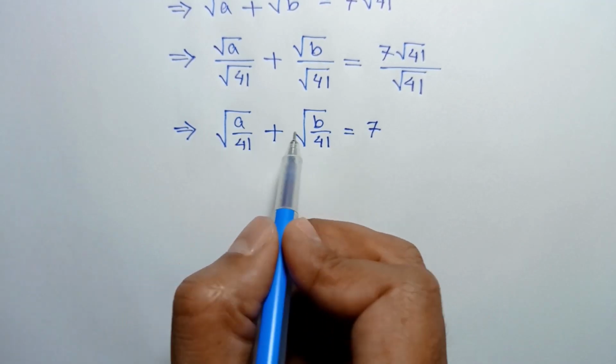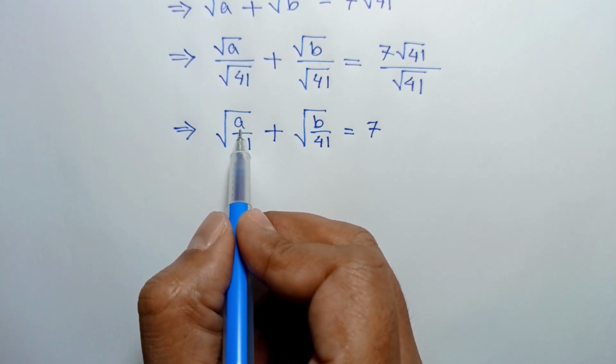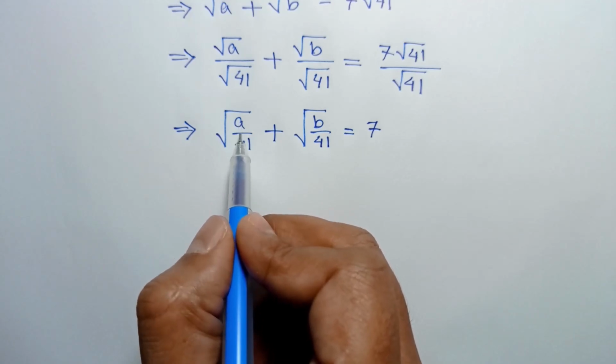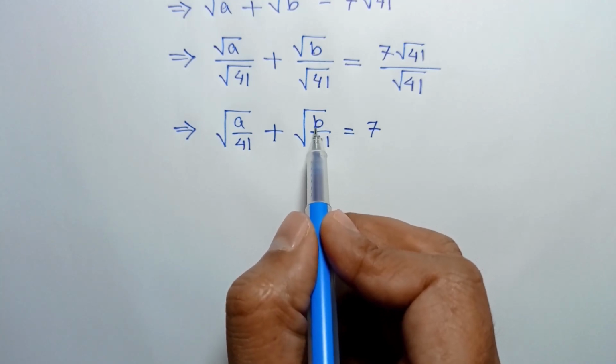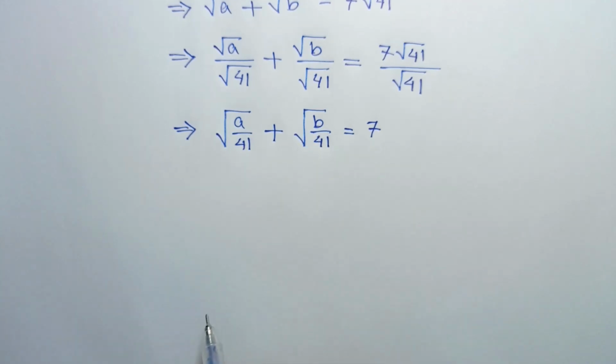Now for integers, a over 41 will be a perfect square, and similarly b over 41 will also be a perfect square, as there is a square root.